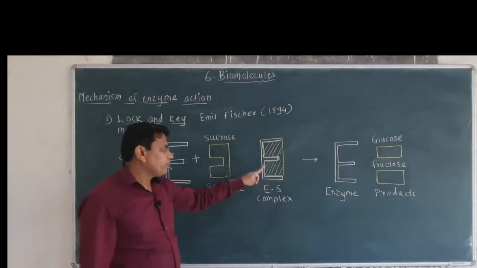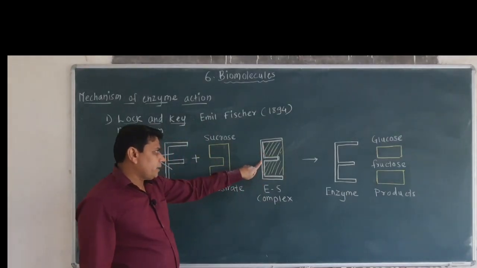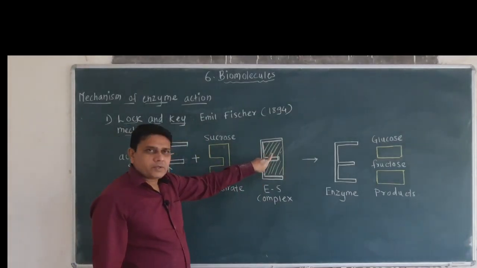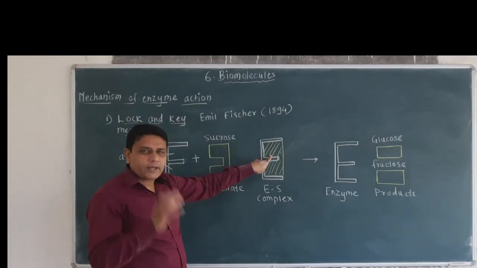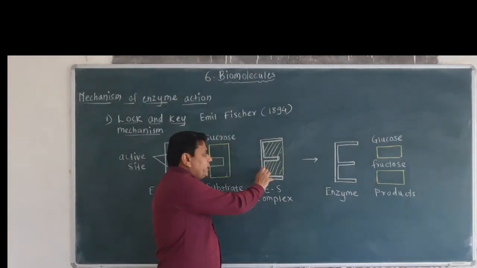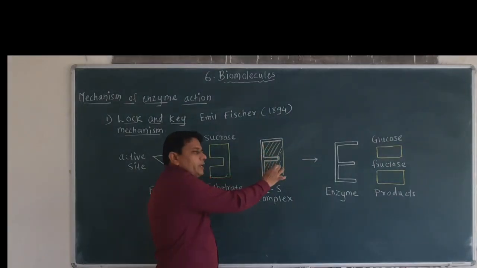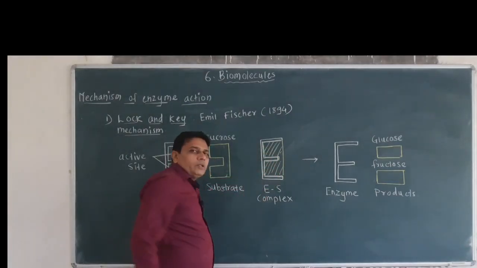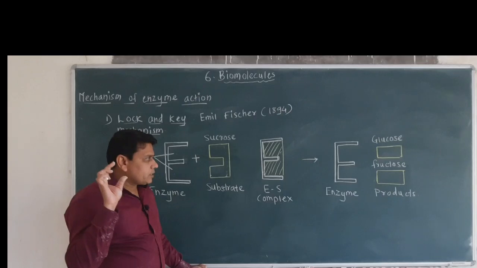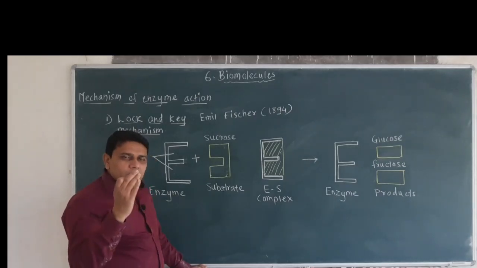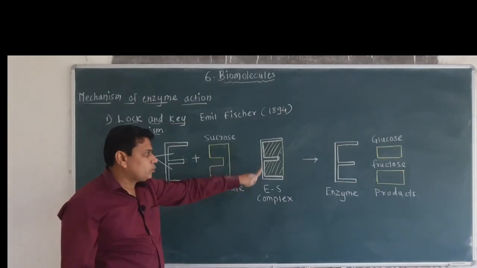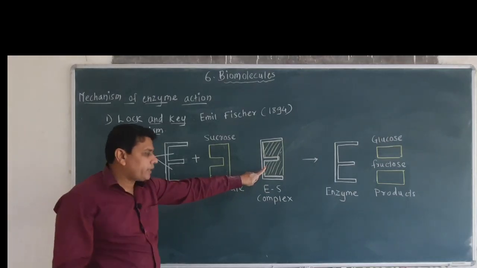Here we can see that the enzyme and substrate have fit into one another. The active site of the enzyme changes its shape according to the shape of the substrate, so that the substrate properly fits into the active site of the enzyme.